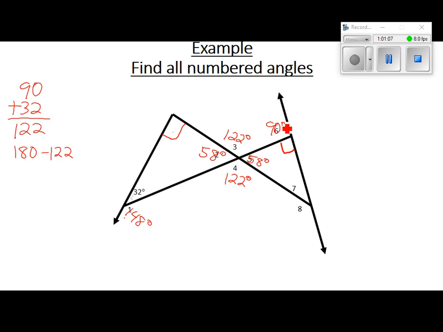Angle 5 and angle 7 have to equal 90. So these two together have to add up to equal 90, because 3 angles of a triangle add up to 180. So 7 is 32. And 8 is 148. Everybody agree with that?